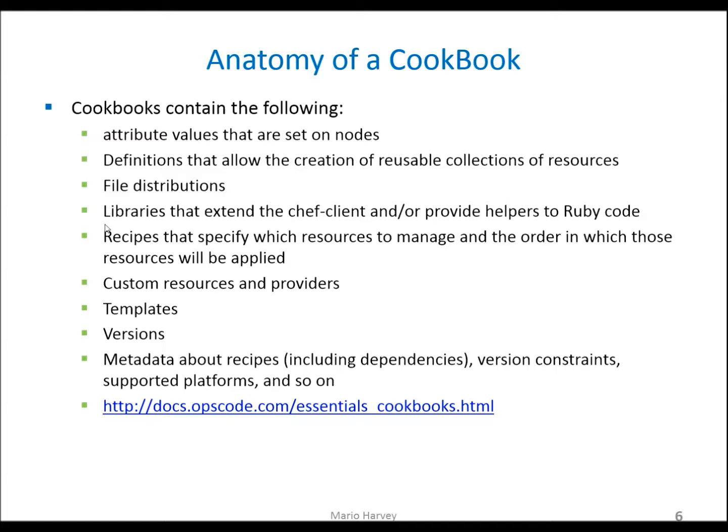Metadata also deals with your supported platform, so whether the recipe supports Debian, Red Hat, Windows, and so on. And you can read more about the essentials in cookbooks at the link below.